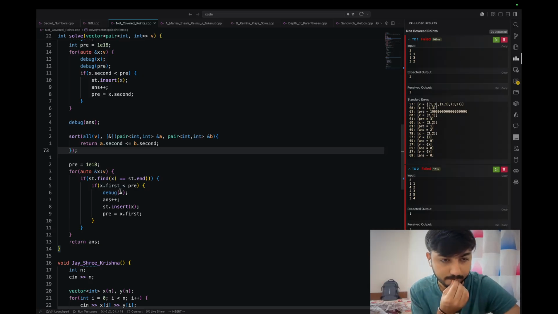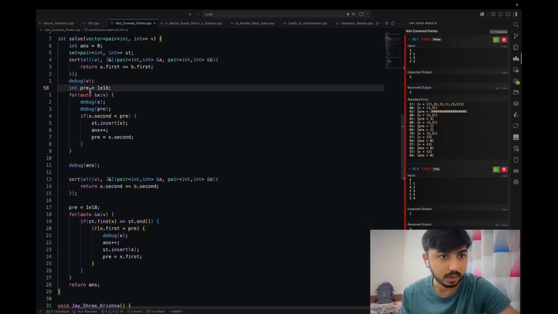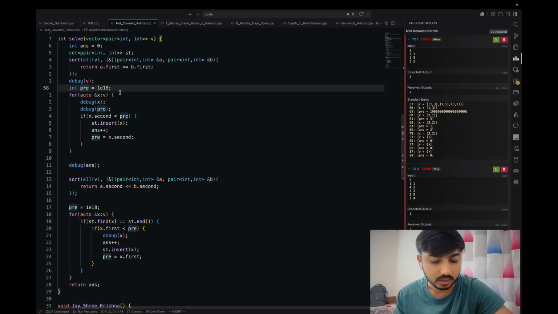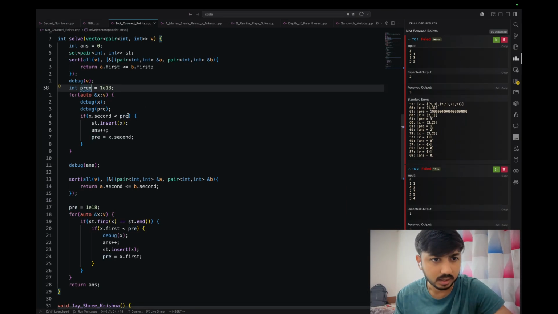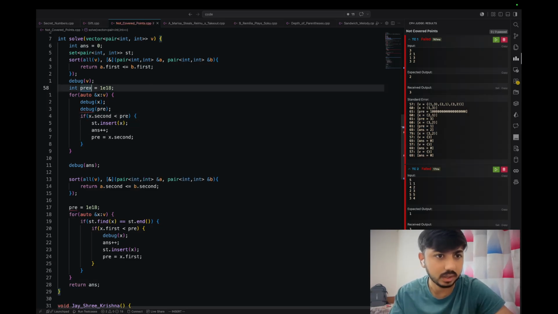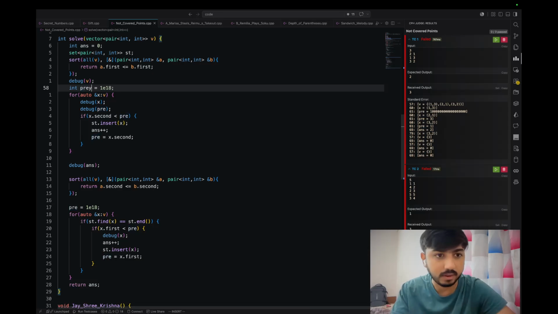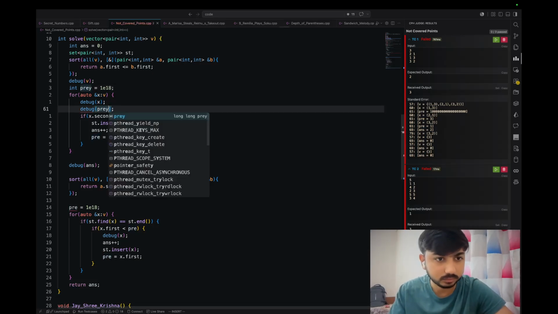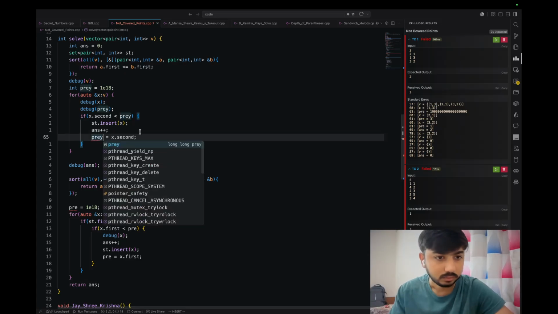Okay. And so we need to store previous. This is about x. Yeah, this is previous x. No, wait a minute. This is previous y. Okay.